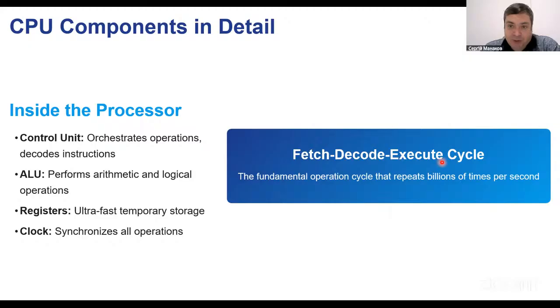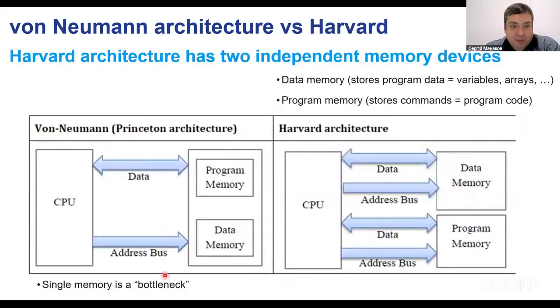And after this, we can execute it. This is the fundamental cycle. And as you can see, again, in the von Neumann architecture, this is about our Intel and AMD processors, we have a bottleneck because we have to fetch instructions and data via the same bus, and we have at first to fetch our instruction, and then we have to fetch our data. And in the Harvard architecture, we can do it in parallel.